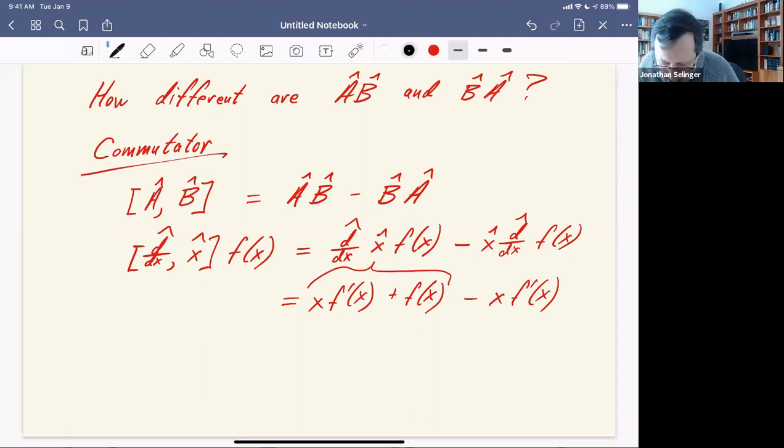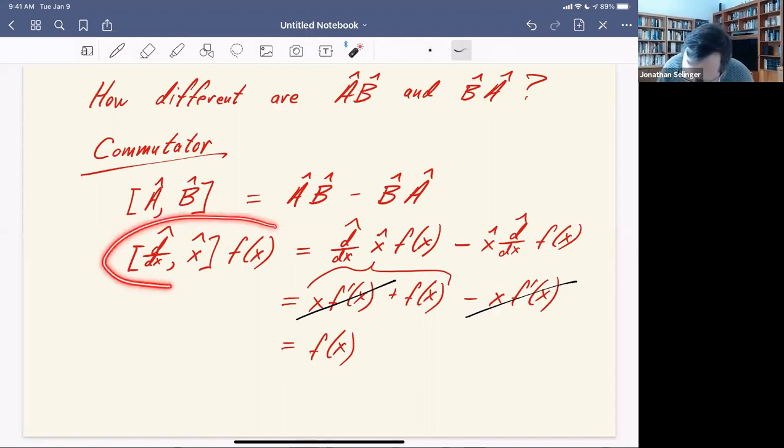Now, the x f prime of x cancels there and there. And so this is equal to just f of x. Therefore, we conclude that this commutator acting on f of x just gives you f of x.